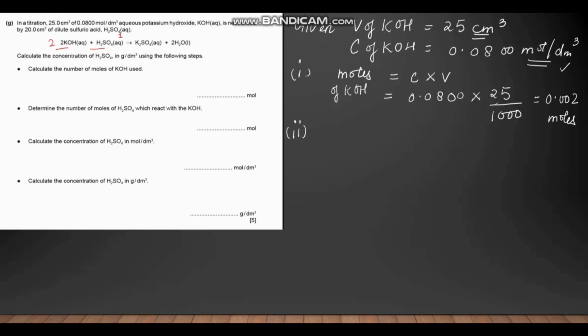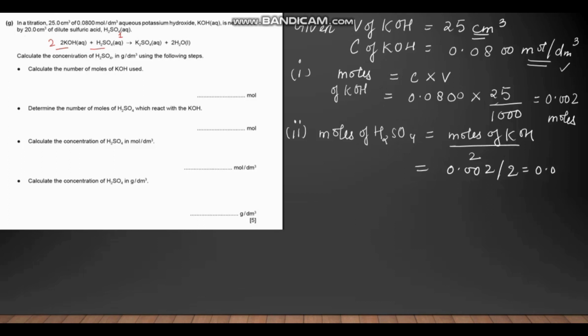Whatever number of moles of KOH are needed, half that number of moles of H2SO4 will be needed. So moles of H2SO4 is moles of KOH divided by 2. Moles of KOH we have already calculated, 0.002 divided by 2. Answer will be 0.001 moles.